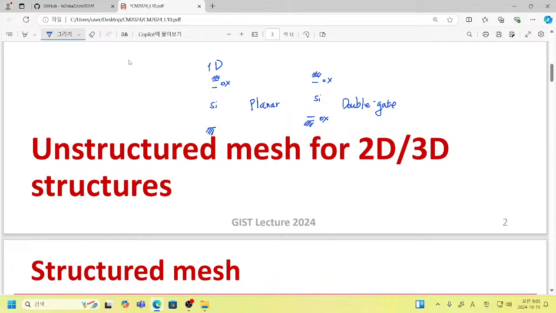However, that is just an approximation, and if we go to 3D or 2D case, then we can introduce many different realistic shapes. For example, the typical nanosheet just looks like this: rectangular silicon, surrounded by an insulating layer.